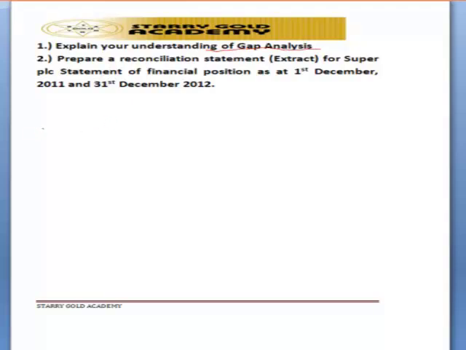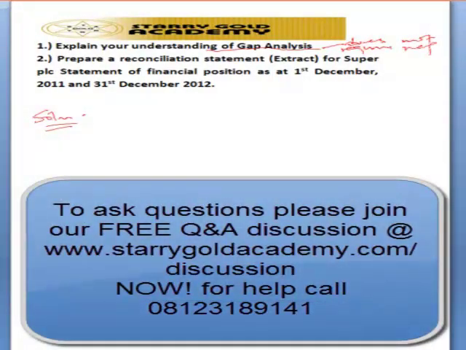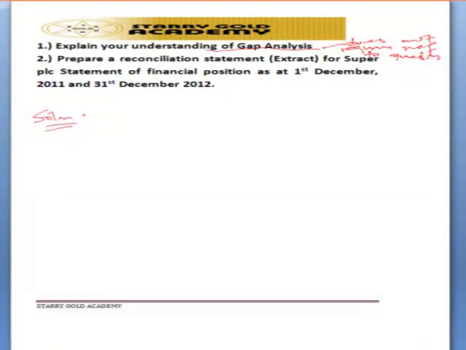If you want to provide your solution without looking at your comprehensive set of accounts, you will see that this one does not require reference to the question before you answer it. It is a theoretical question that you can answer. So let's just answer this one straight away without looking at the question.